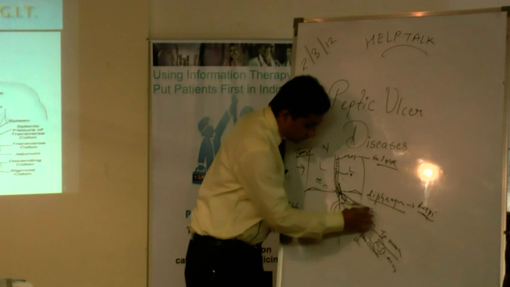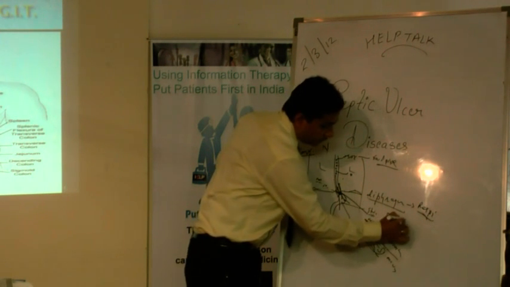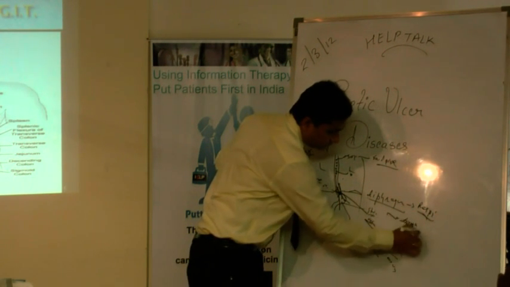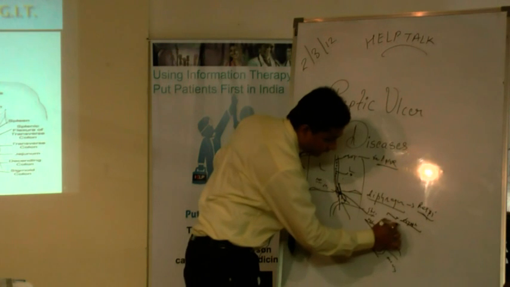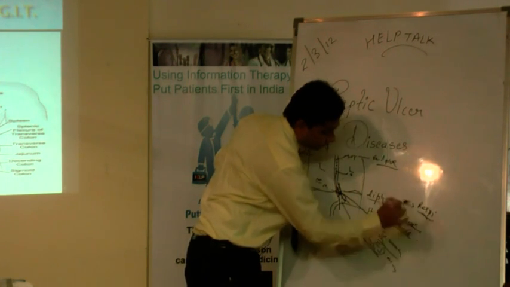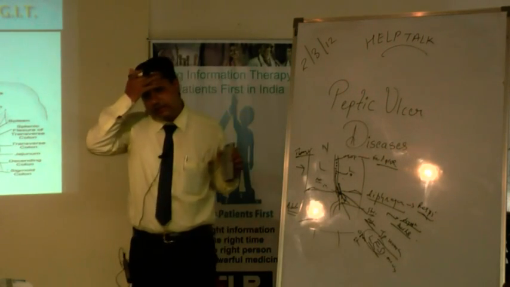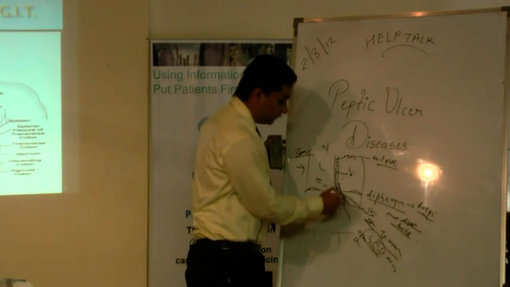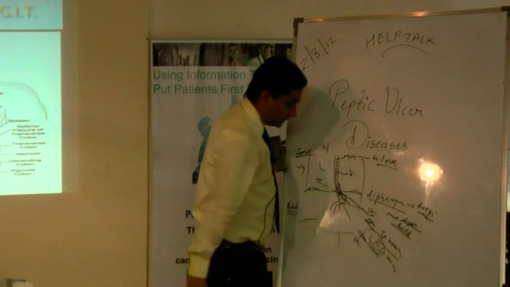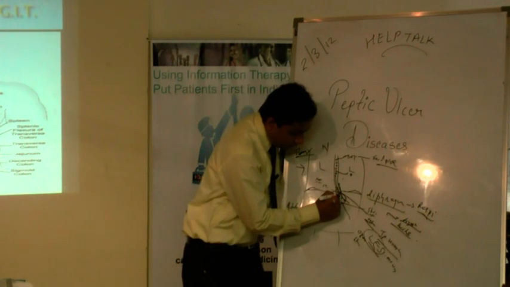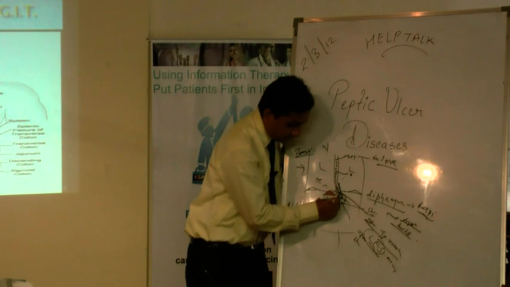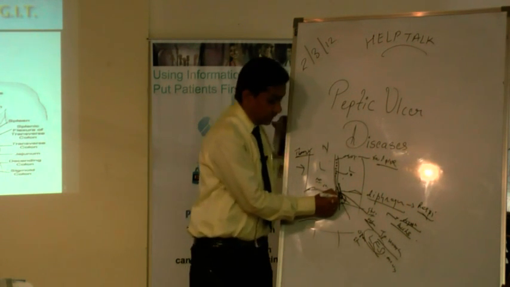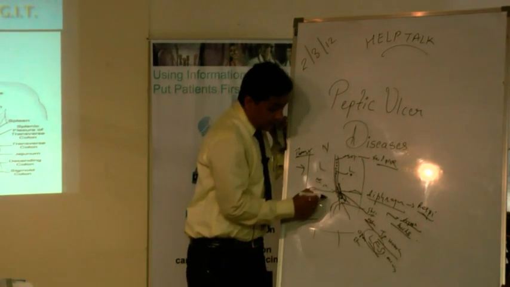Because here in the stomach, in order to digest proteins and fats, certain acids are secreted. Acids and pepsinogens are secreted. With the help of that, the protein particles and the fat particles get digested. Once the food enters over here, there is a secretion of acids and all the other enzymes, and it gets mixed with it.